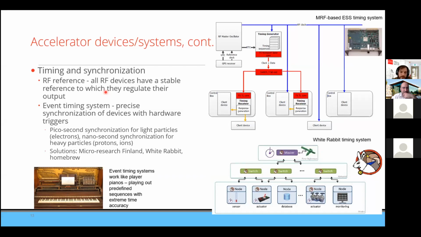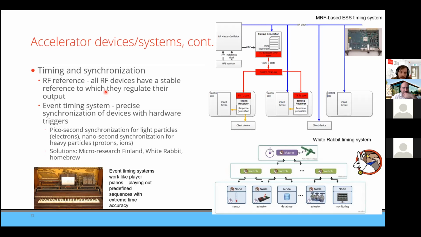Because the processes in the accelerators are so fast that you have to manage them in some way. There are two ways to synchronize the accelerator devices, and one is the RF reference, which is basically the input to the LLRF, which ensures femtosecond phase stability of EM fields in cavities.